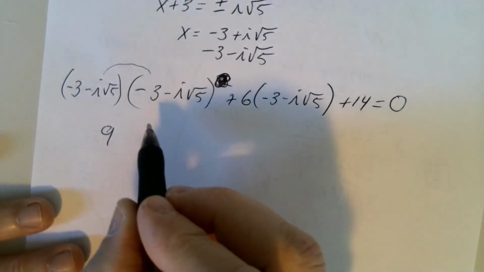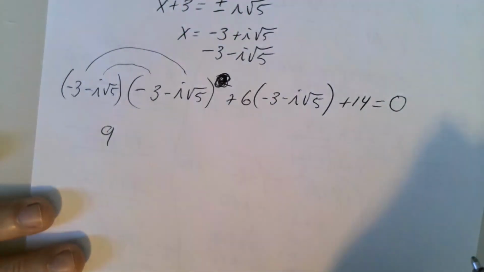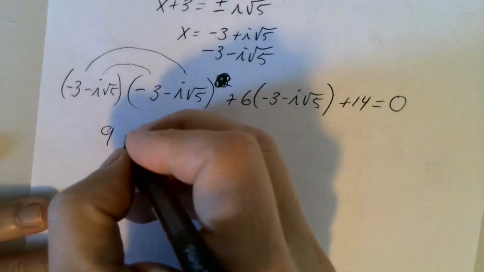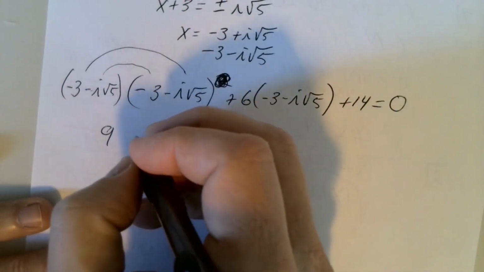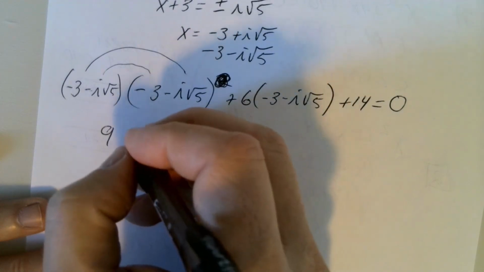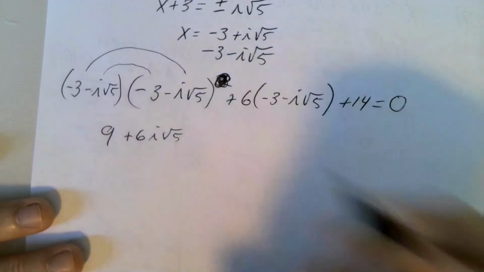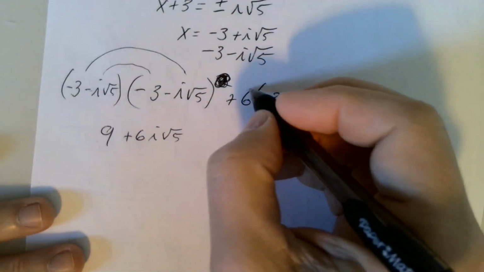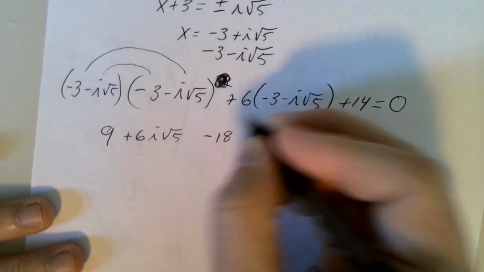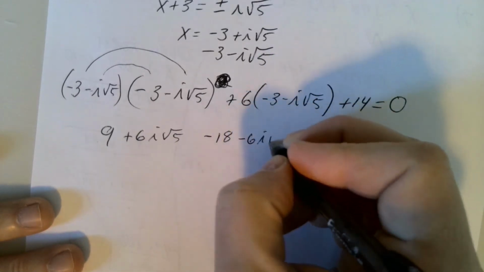Inside right here is positive 3i root 5. Outside is positive 3i root 5. So that becomes positive 6i root 5. Awesome. Now over here, I distribute: 6 times negative 3 is negative 18, and 6 times negative i root 5 is negative 6i root 5.